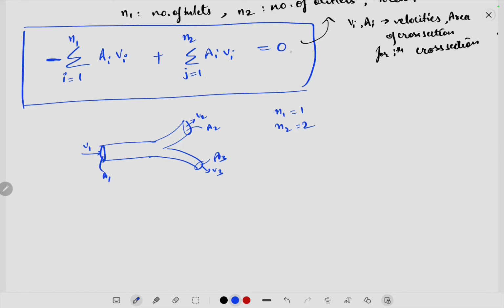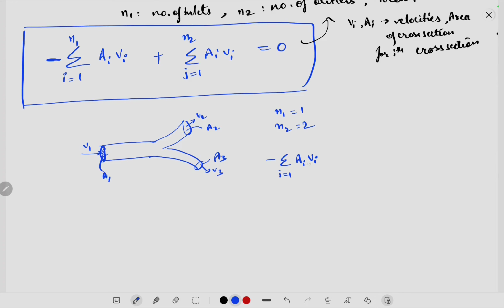So how would this equation be written? I will write minus summation i equal to 1, and since n1 is still 1, this will become a i v i, where i is the ith inlet. So here the ith inlet is this inlet.